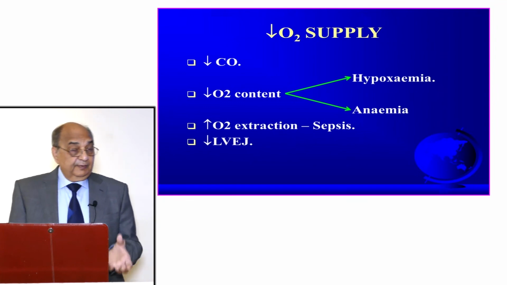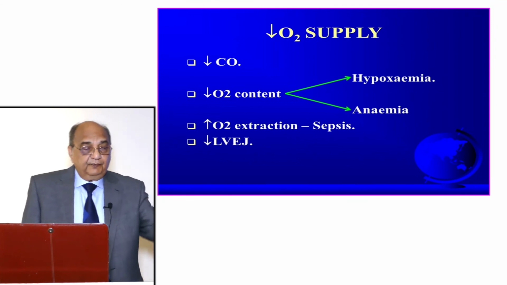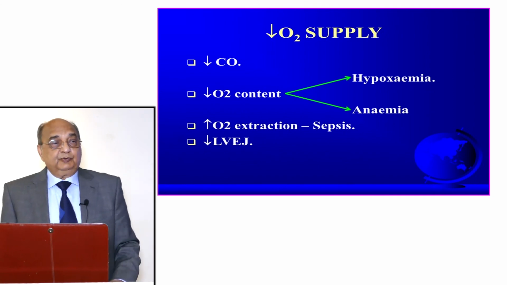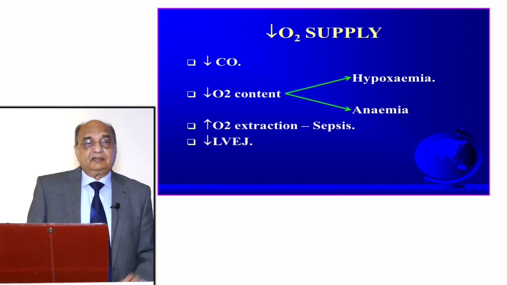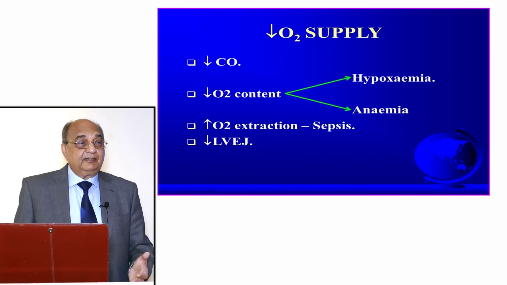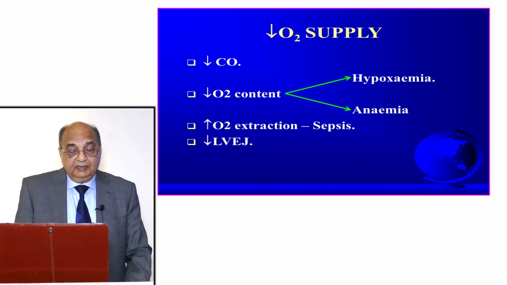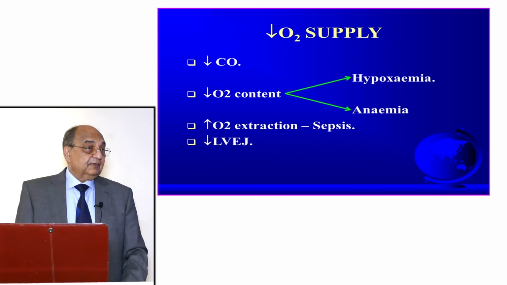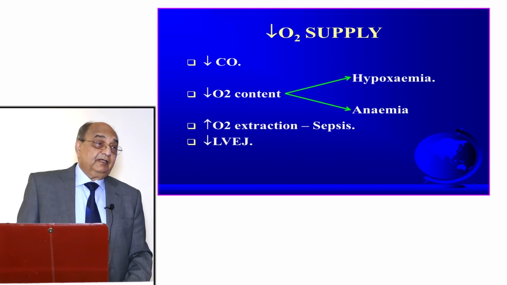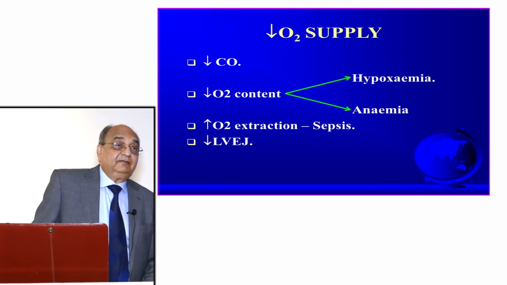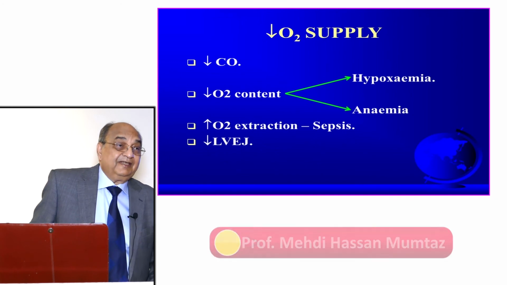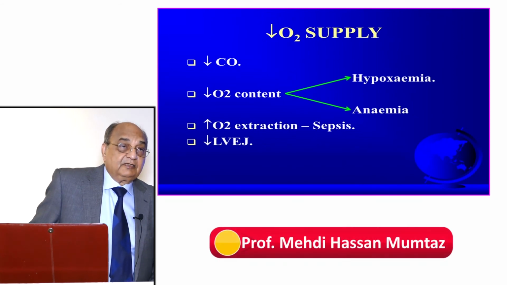Even if you give a normal amount of oxygen, if it is extracted more in some of the tissues and not extracted more in others, it is going to affect some parts of the body relatively. Now, left ventricular ejection also, that's very important, at the end of diastole, left ventricular ejection. So that's also important.